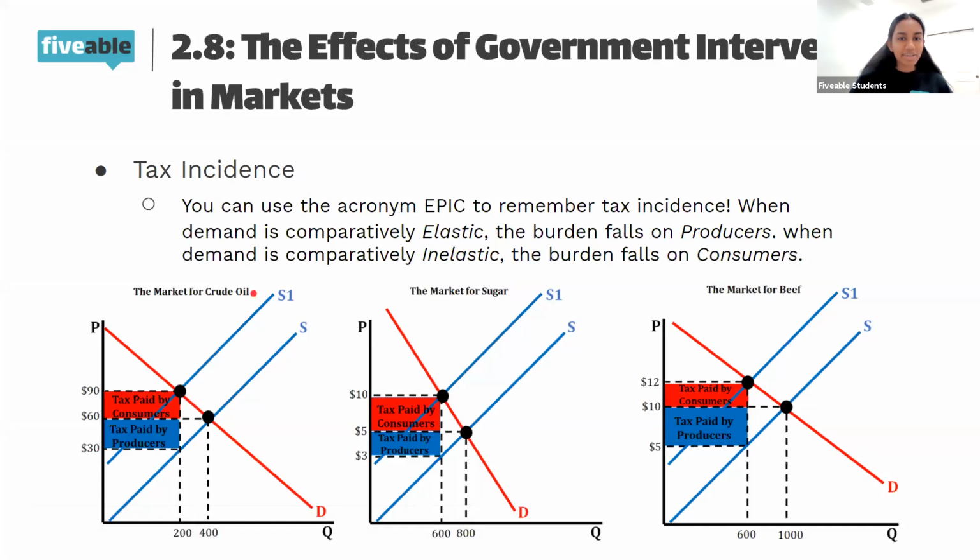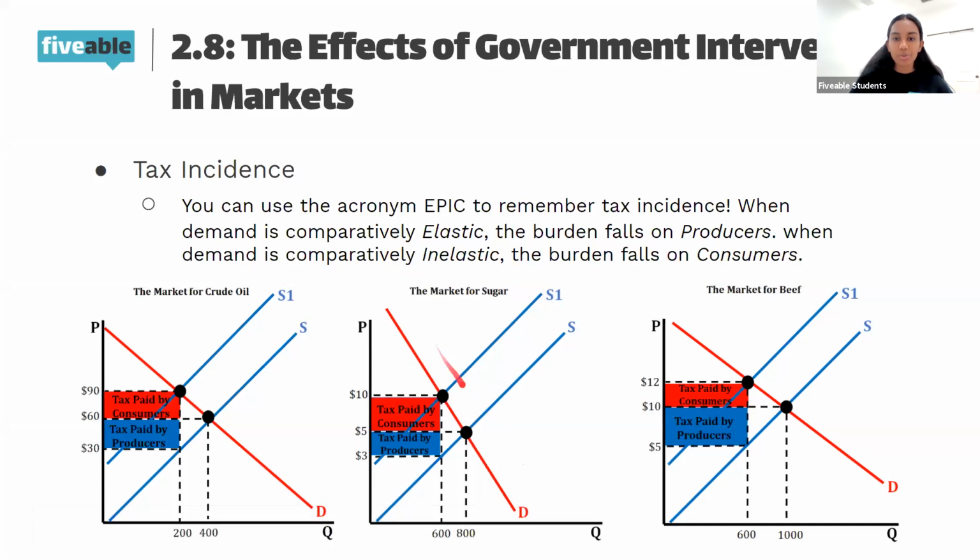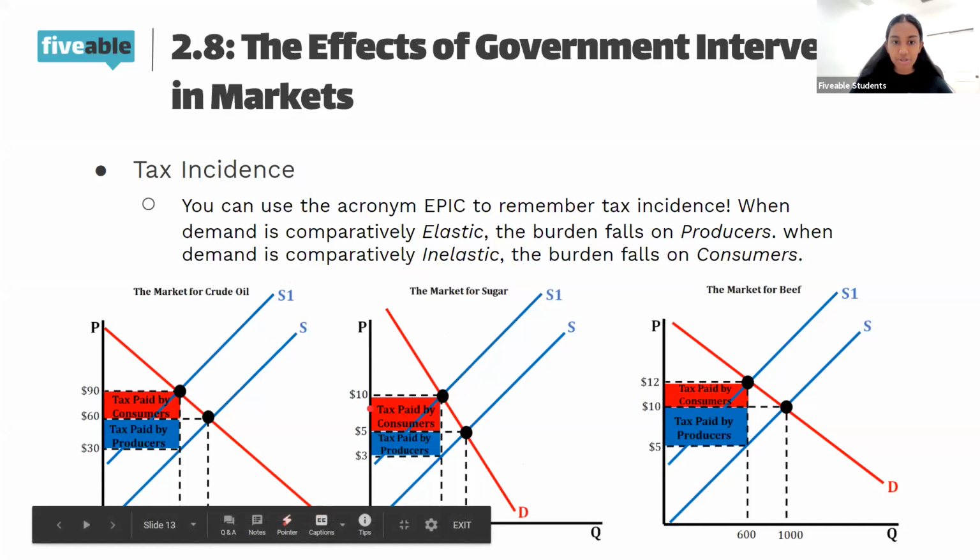Yeah, and for the next graph, demand is more inelastic, it's steeper, the slope. So that means that consumers are paying more. You can see there's a bigger triangle for consumers and a smaller box for producers.